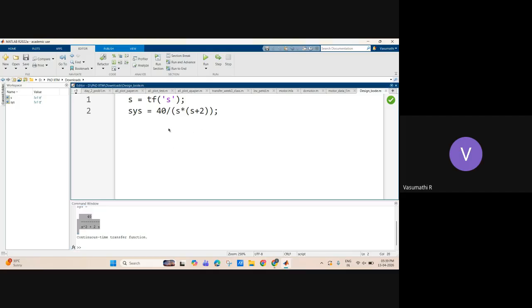So now I want to analyze what the Bode plot is giving for my system.